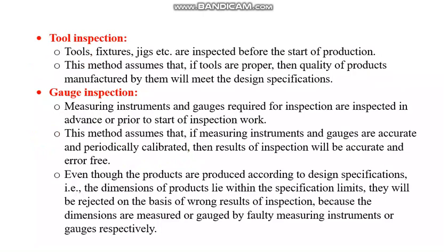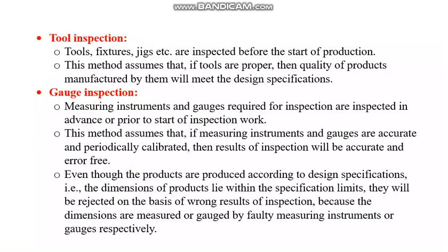If the tools are not proper, if the fixtures or jigs are not proper, they themselves may induce some errors into the product. So tool inspection assumes that if tools are proper, then the quality of the products manufactured by them will meet the design specifications. Then similarly gauges.